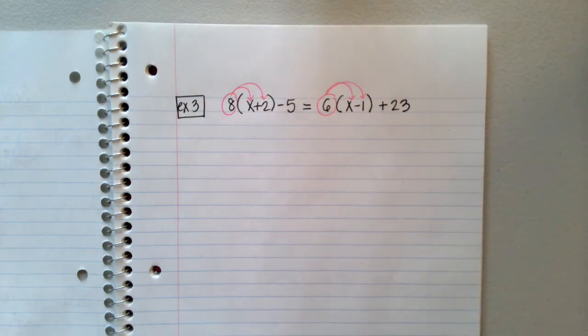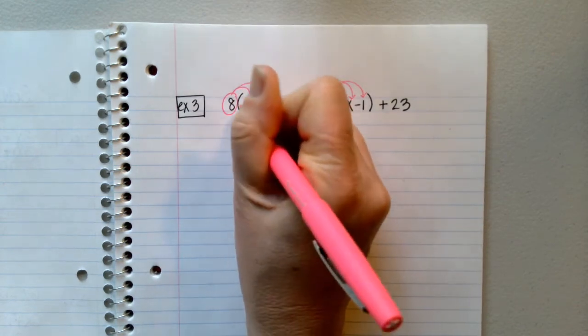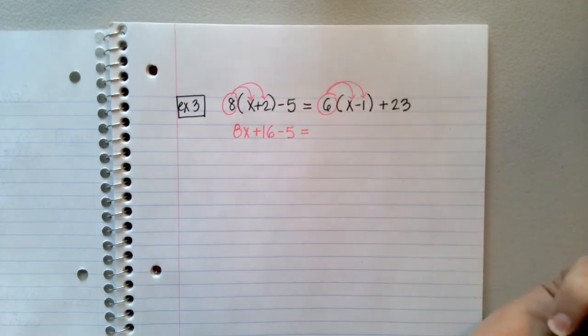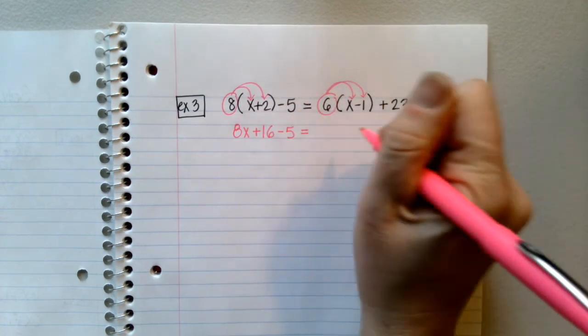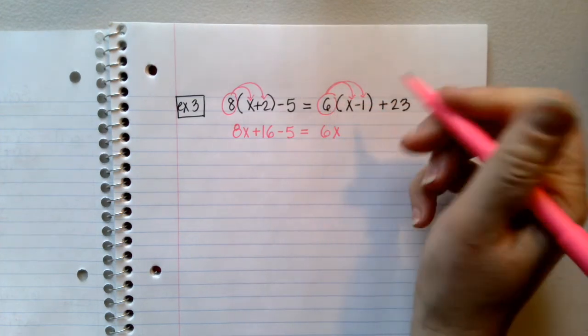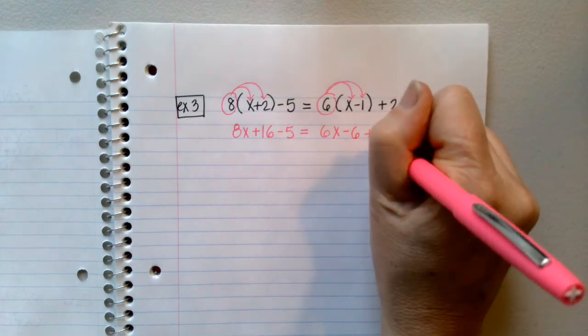So when I redo this, I'm going to get 8x plus 8 times 2 is 16 minus 5, which I just brought down. On this side, 6 times x, 6 times negative 1 will give me negative 6, and just bring down my 23.